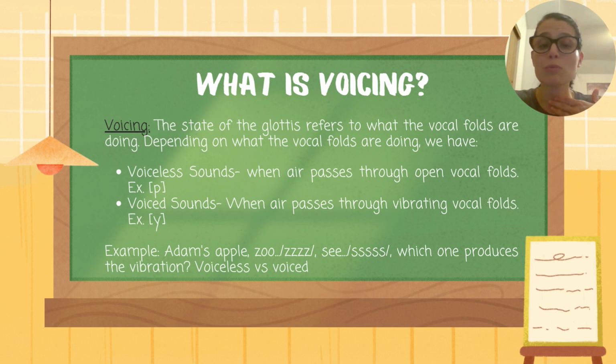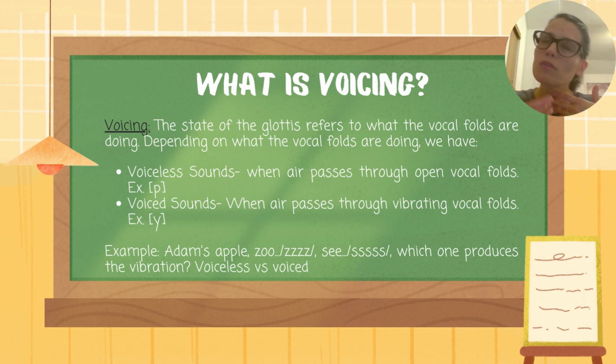So for example the word Sue, and if we just focus on the sound z, and if we put our fingers right here in this Adam's apple area, we can feel the vibration. And then we have the word see, and if we focus on the sound of the letter s, we have a different sound with no vibration.